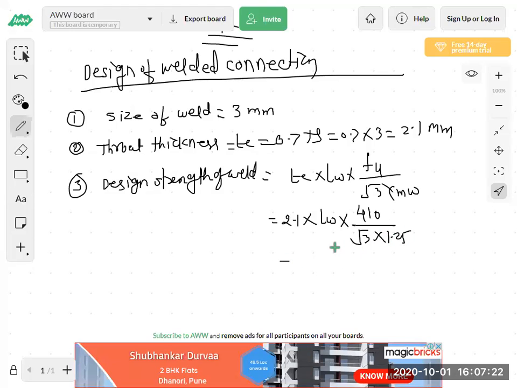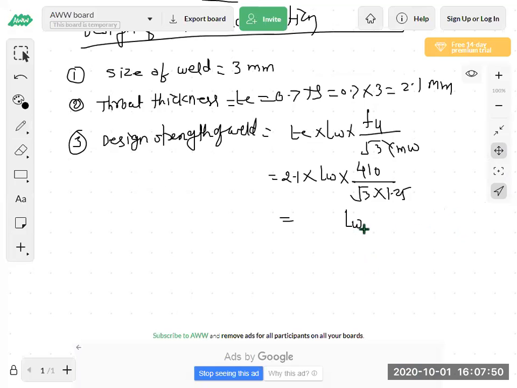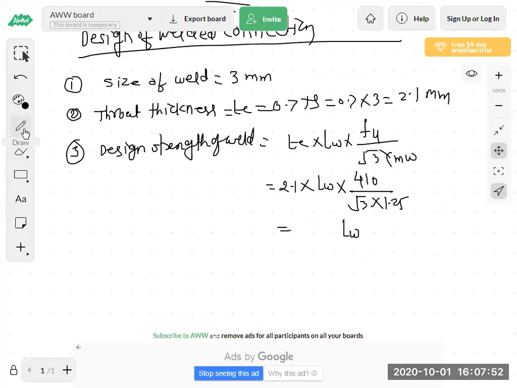So calculate the design strength of the weld. How much this? 397.68. 397.68 LW.